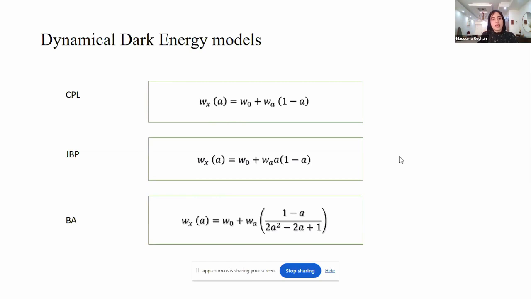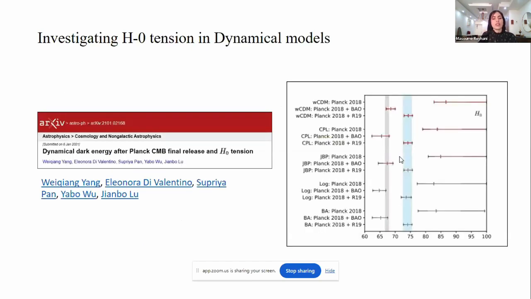This article has shown that by using these dynamical dark energy models and using Planck-only data sets, or a combination of Planck with BAO or SH0ES data sets, for Planck only and its combination with SH0ES data, we have an increase in H0, and the H0 tension has been alleviated.